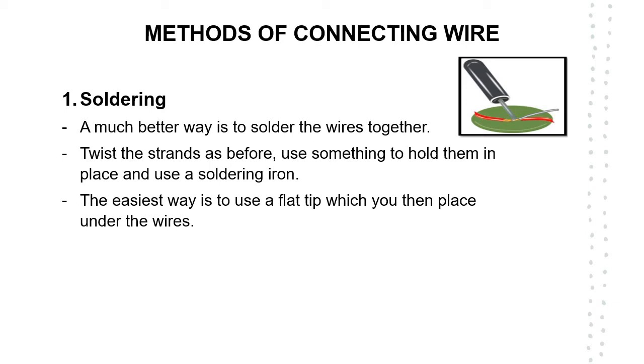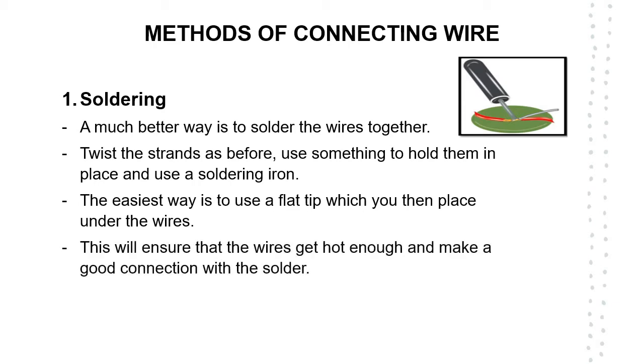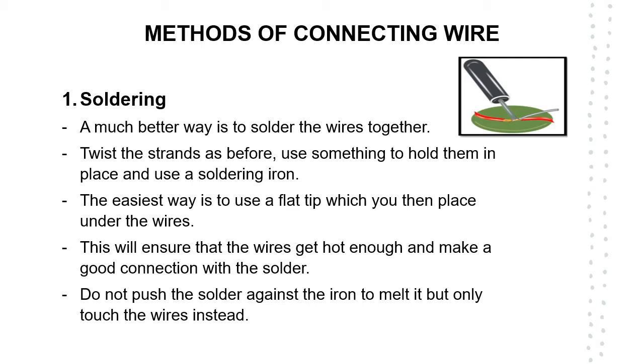The easiest way is to use a flat tip, which you then place under the wires. This will ensure that the wires get hot enough and make a good connection with the solder. Do not push the solder against the iron to melt it, but only touch the wires instead.